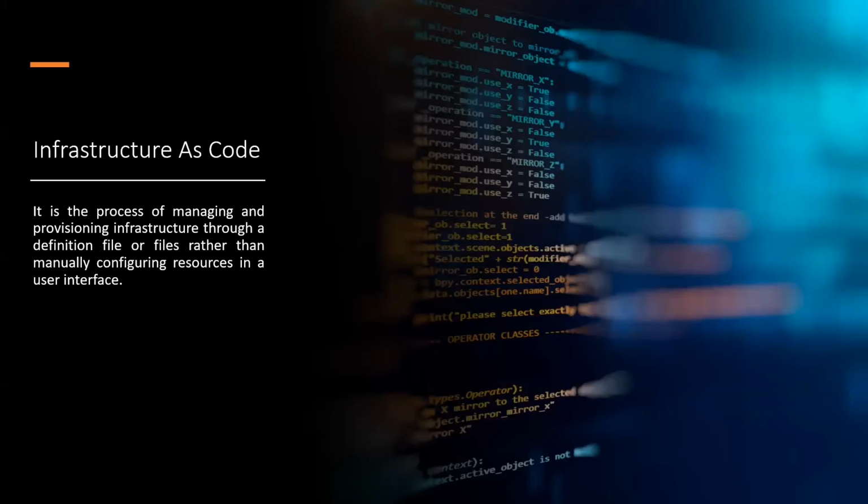According to Wikipedia, infrastructure as code is the process of managing and provisioning infrastructure through a defined file or files rather than manually configuring resources in a user interface. In simple words, infrastructure as code means managing your IT infrastructure using configuration files.